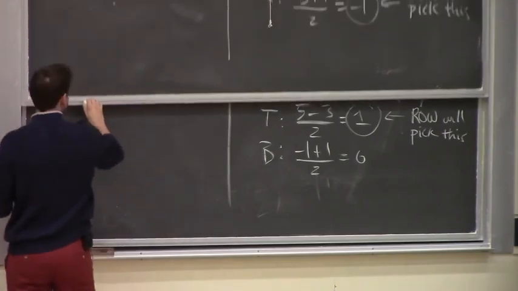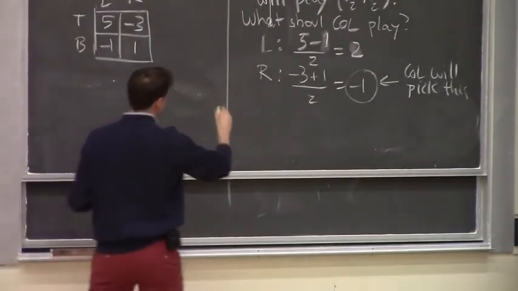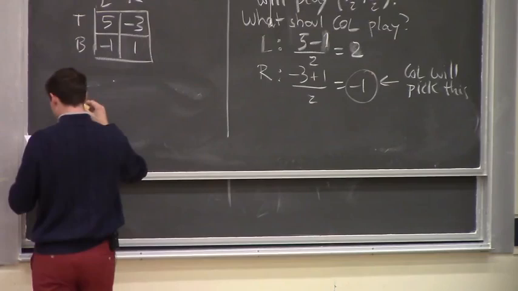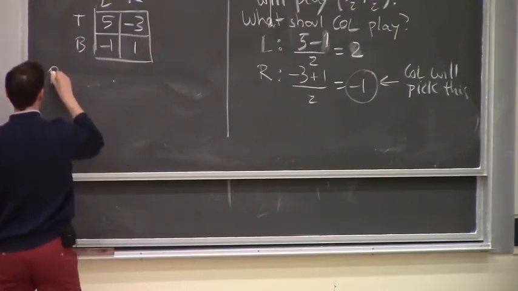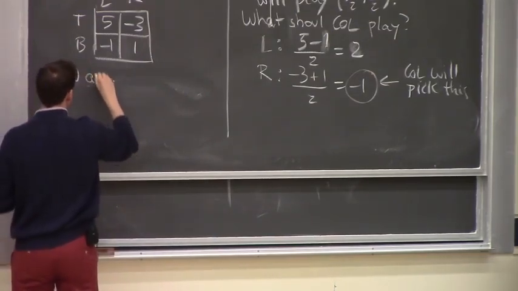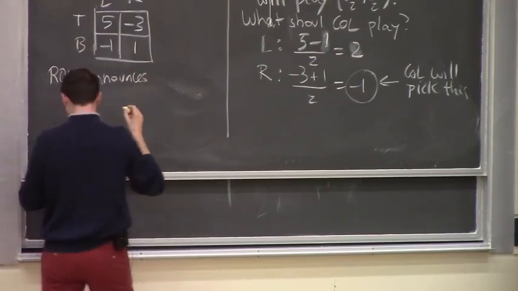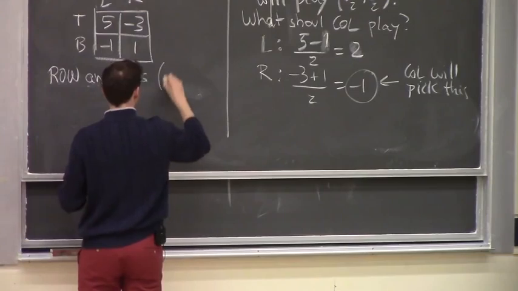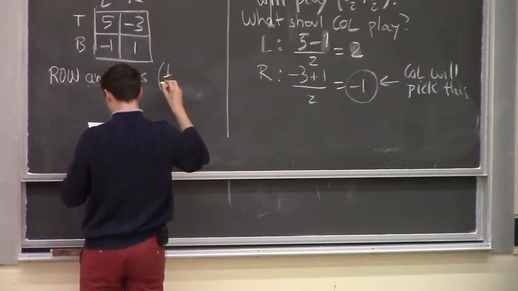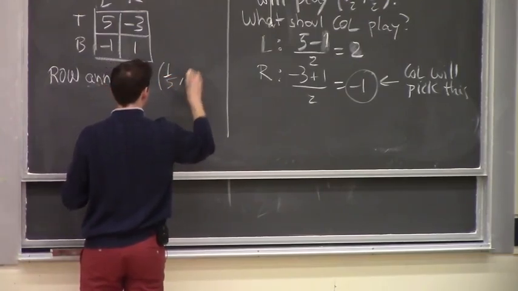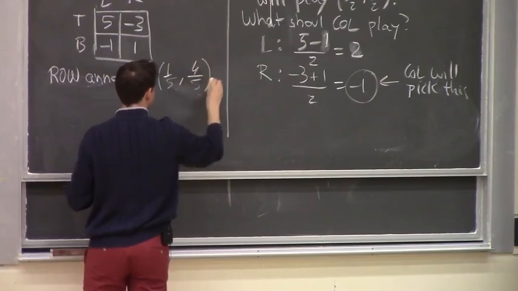All right. So that was the random stuff. Here, let's say that rho announces 1 over 5 and 4 over 5.